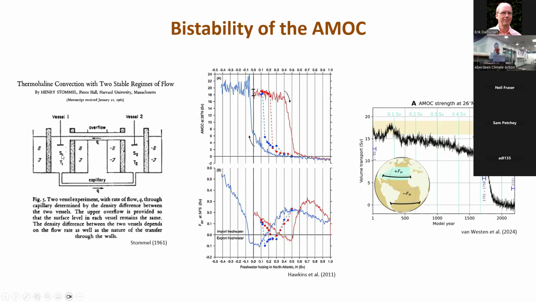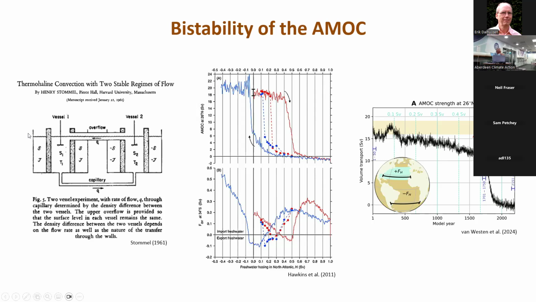Now, the density in each of these boxes is controlled by both the temperature and the salinity. That's why we call this thermohaline circulation. It's got both a thermal component and a haline, a salt-driven component. And these both affect density in different ways. The regime we're in now, the strong AMOC regime, is a regime where the density is dominated by temperature.